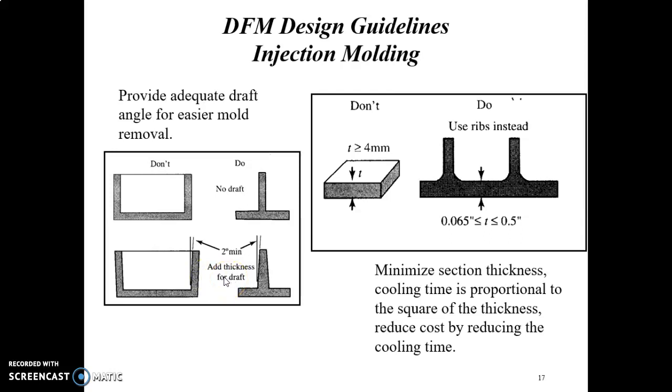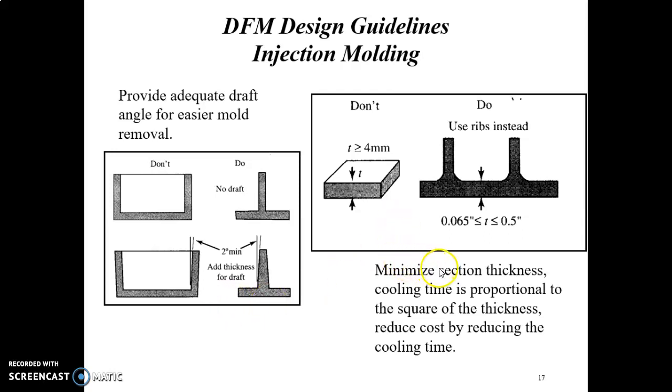So why draft angle in injection molding? Because it will reduce the chance of damage to the part due to friction during release. This benefit offers direct or indirect overall production cost reduction.